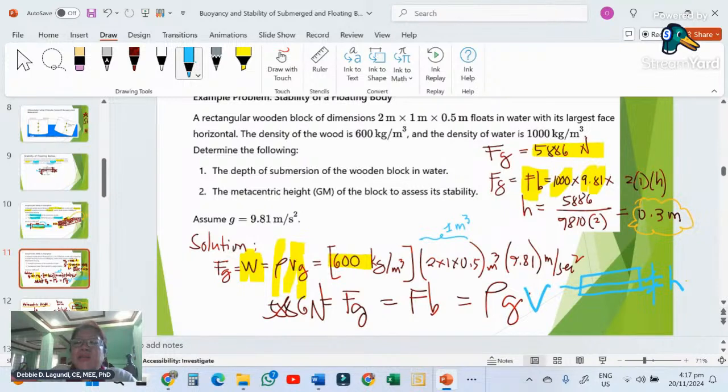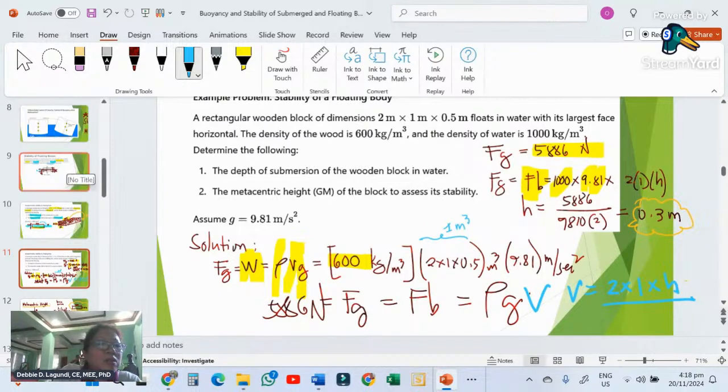The cross section would be 2 here, and then 1, 2 and 1, and H. Can you see what I'm saying? The volume will be 2 length times width of 1 times the height.